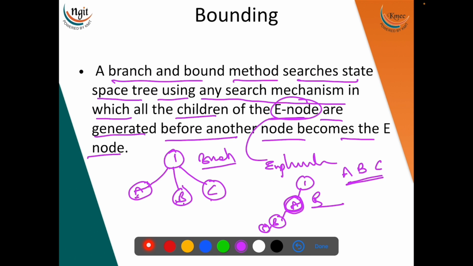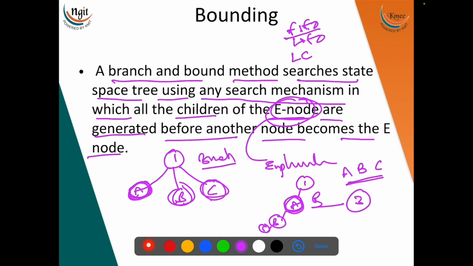Now if I want to explore a node, I have a choice of exploring the A node or B node or C node. Based upon what we explore, there are three different strategies to explore E nodes: the FIFO method, LIFO method and least cost branch and bound.